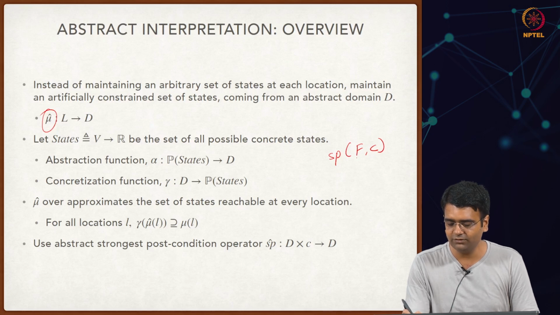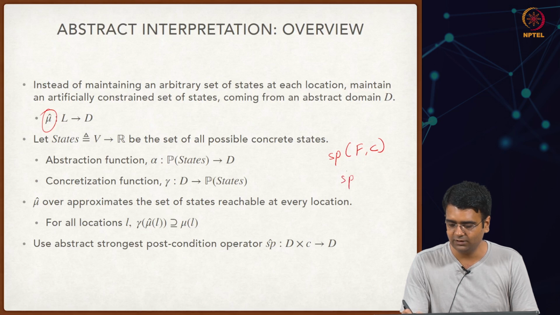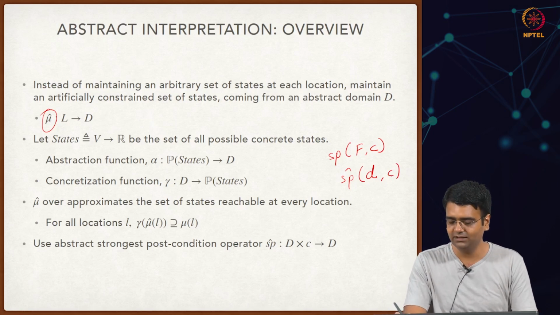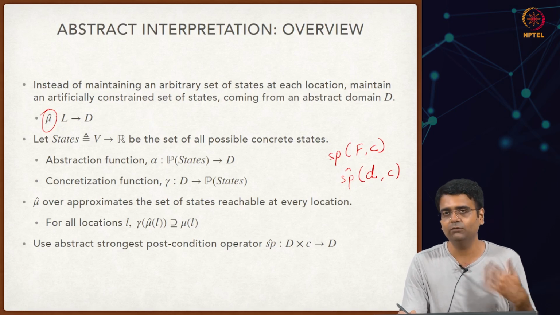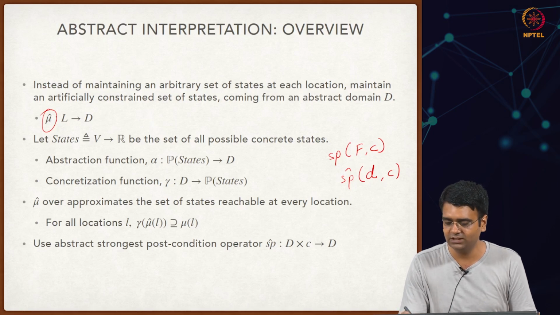But now instead of having a formula, I am going to have an element of the abstract domain, let's say D, and then I'm going to ask, suppose I execute the program command C on the set of all concrete program states which are abstracted out by this element D. What is the new value of the abstract domain, which is going to again abstract out the set of reachable program states?